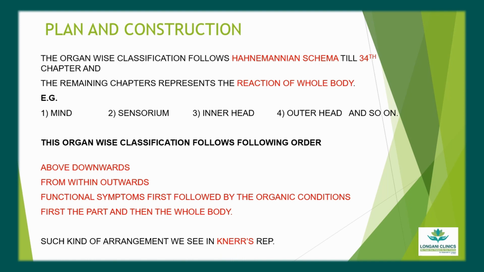This organ-wise classification follows the following order: 1. Above downward. 2. From within outwards. 3. Functional symptoms first, followed by the organic condition. 4. First the part and then the whole body. Such kind of arrangement we will see in Nair's repertory.